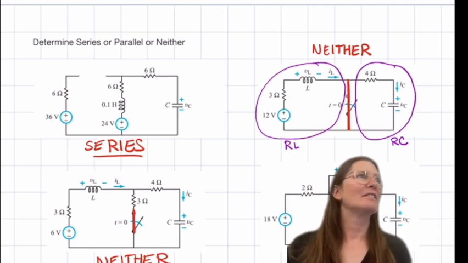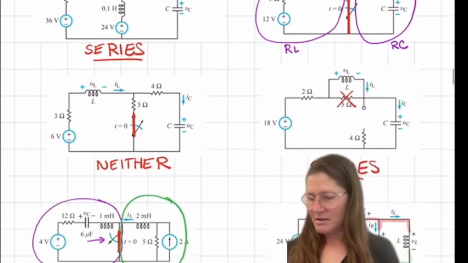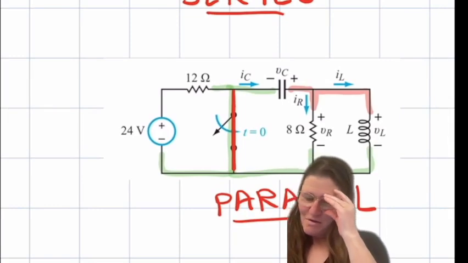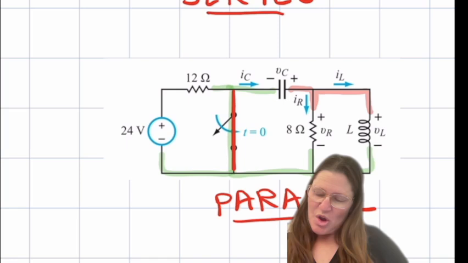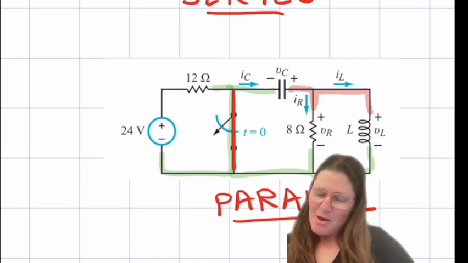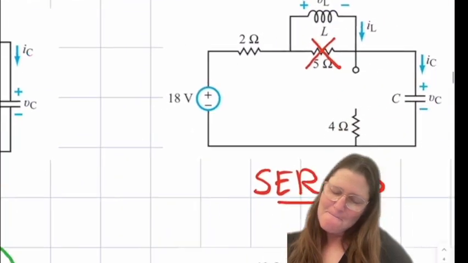Okay. Wait, so why exactly is the last one not parallel? Won't the inductor bypass the resistor, the VR, after a long time? So yeah, that was kind of confusing the way I set it up here.